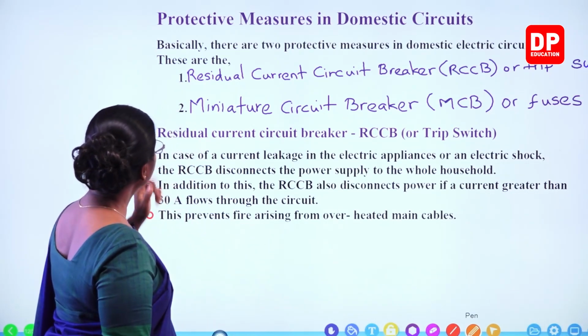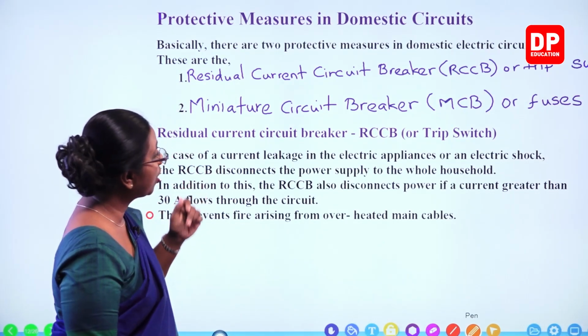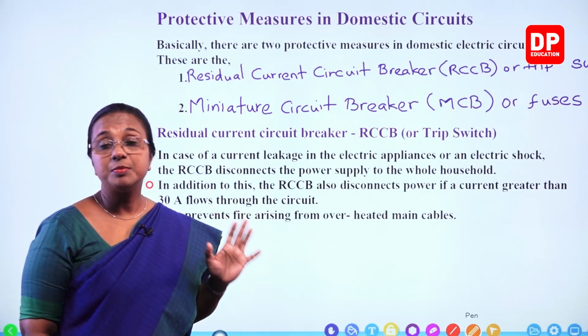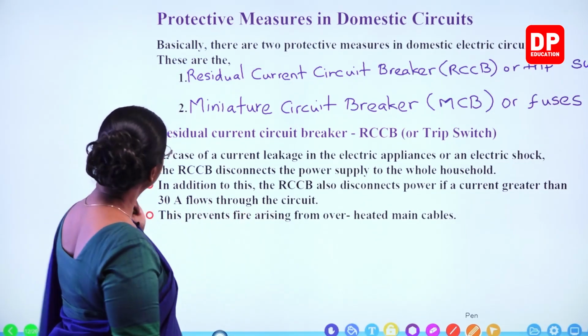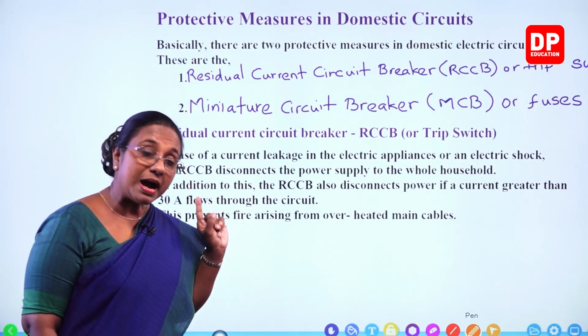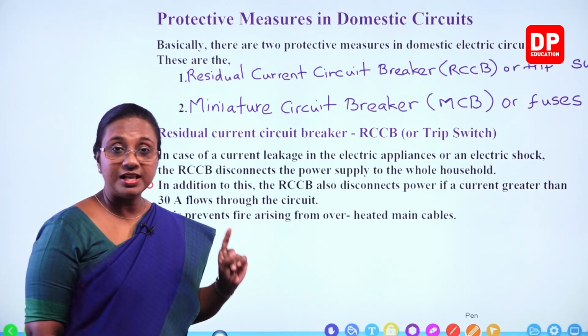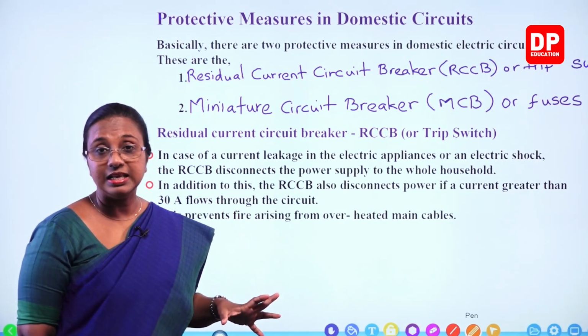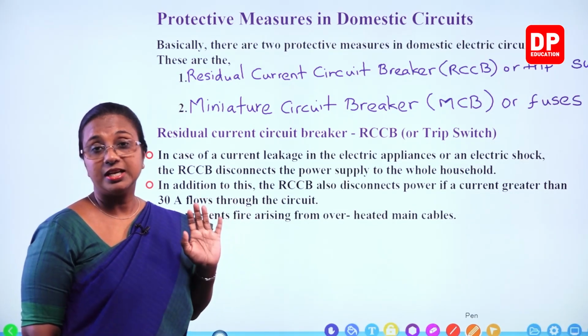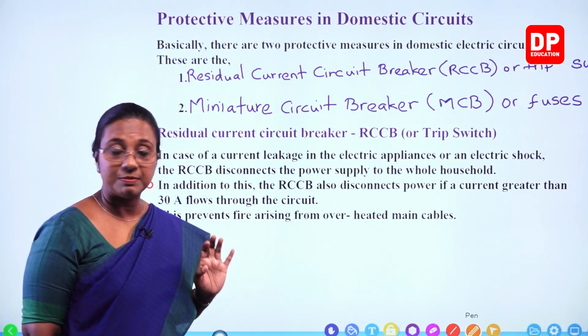So that is how the residual current circuit breaker, the RCCB or trip switch, provides protection to the household circuit. But you have to remember, it might cut off the electricity supply during lightning, but it does not ensure protection against lightning. You have to remember that.